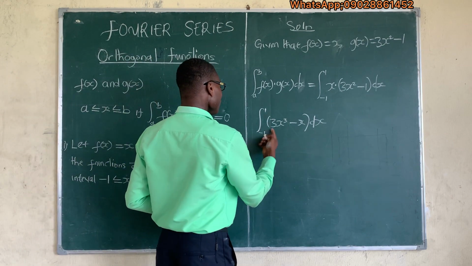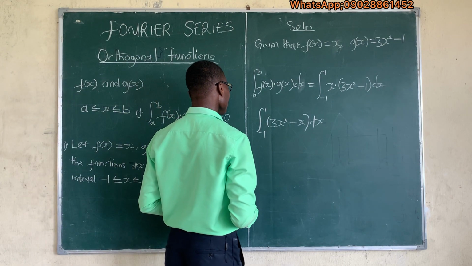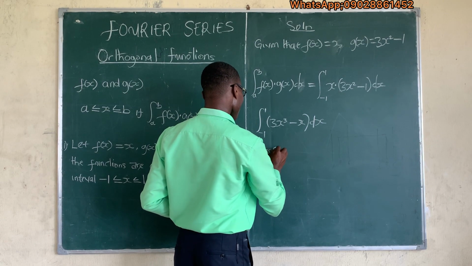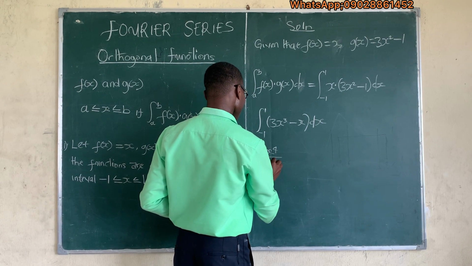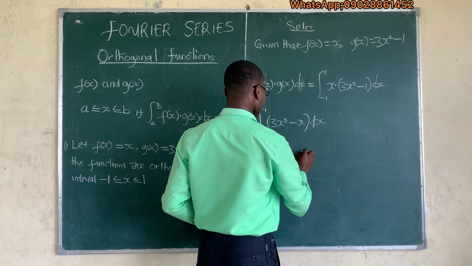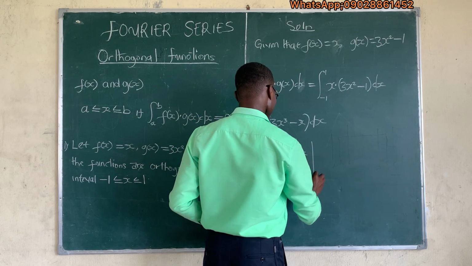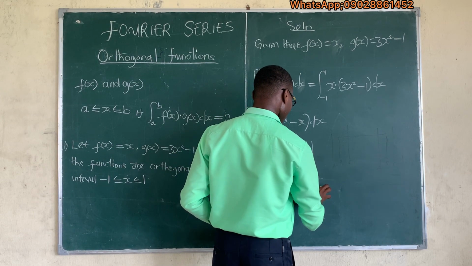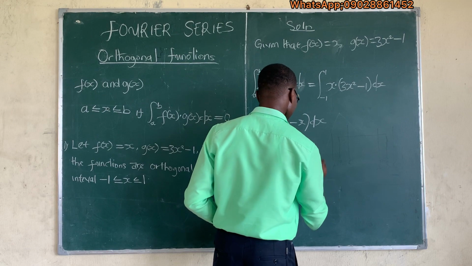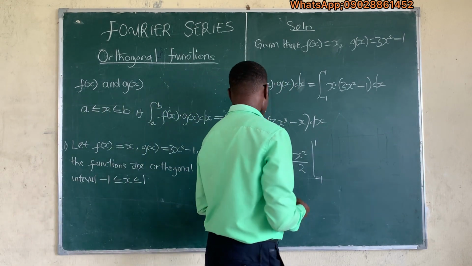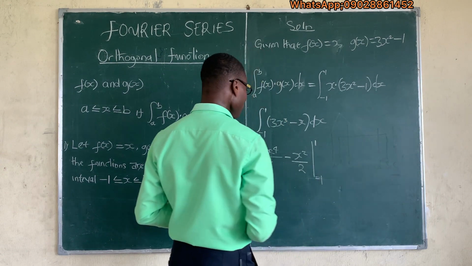So let's integrate this function. Very easy. If you integrate 3x cubed with respect to x, you have 3x to the power of 4 over 4, minus, if you integrate x, you have x squared divided by 2. You take your limit from minus 1 to 1. So let's go ahead and substitute our upper and lower limits.